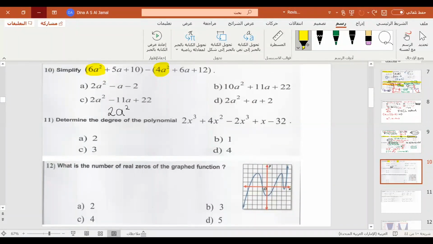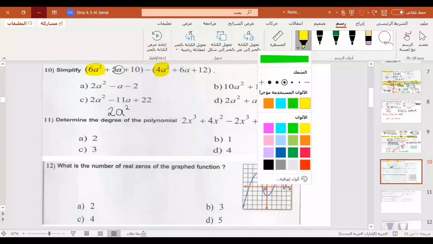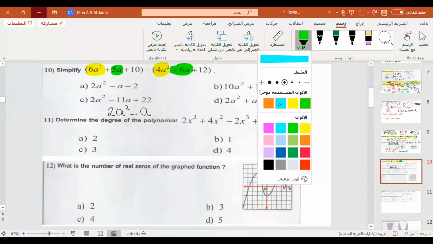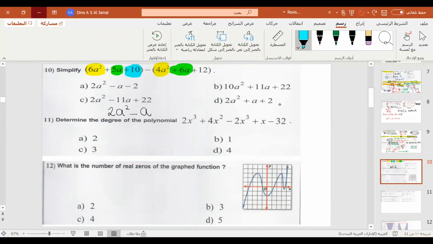Let me take another color. 5a minus 6a, so directly it will be minus a. Another color. 10 minus 12, so directly you can see that it is minus 2. That's it. So which choice is this? It is your A.